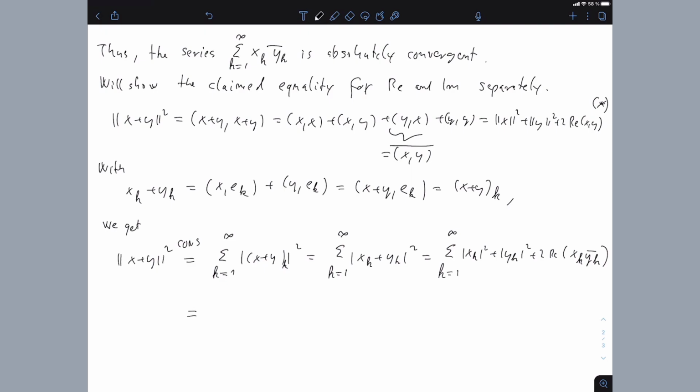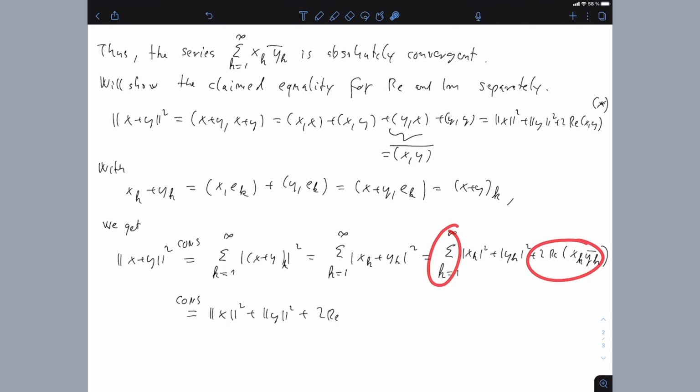So this is the scalar product in C. So now again we use this is a complete orthonormal system to see that this is the norm of x squared. This is the norm of y squared.